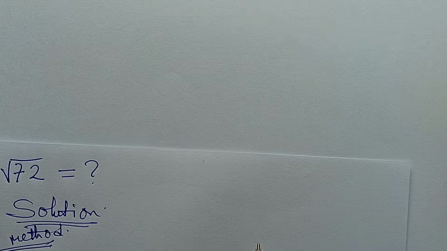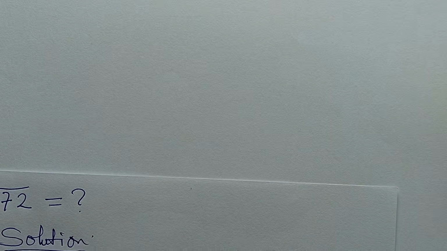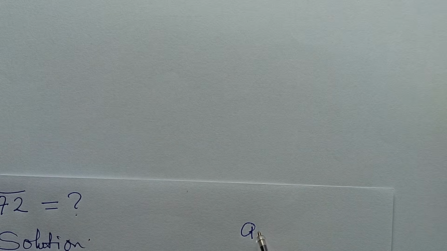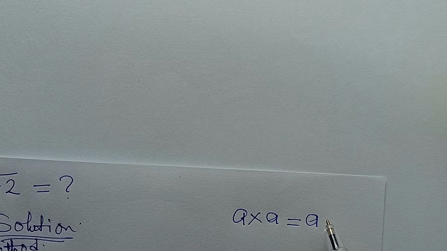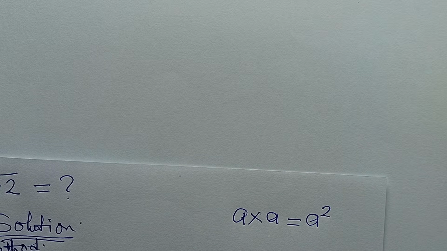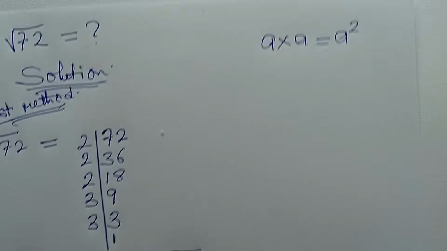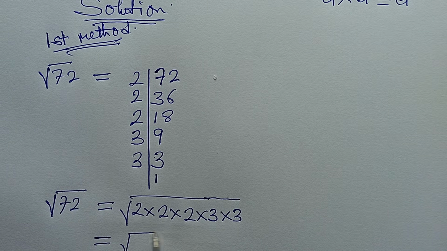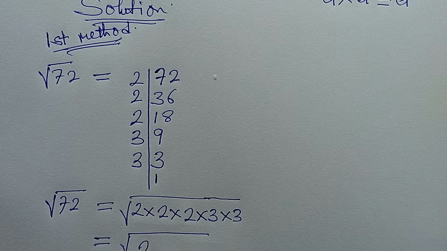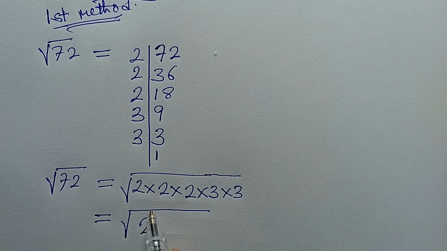Applying the law, where you have a times a, this is a to the power of 2. So from here we rewrite this. This is going to give us the square root of 2 to the power of 2.